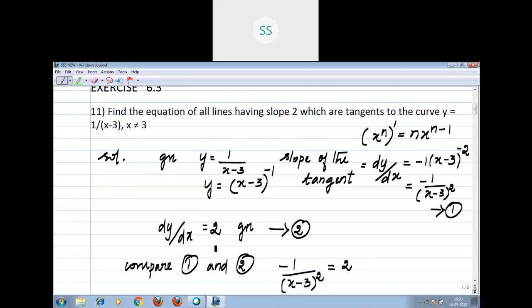Which implies minus 1 equal to 2 into x minus 3 the whole square.